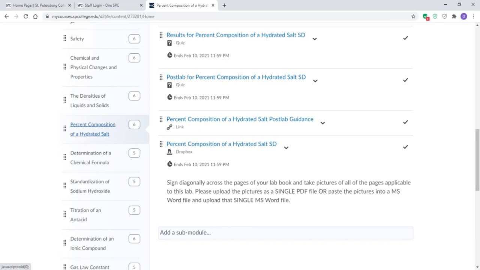Anybody else? Yeah, it says sign diagonally across the page. Like how, do I have to write over all my notes that I took? No, just one page. What they want you to do is, I'm trying to get a piece of paper here.